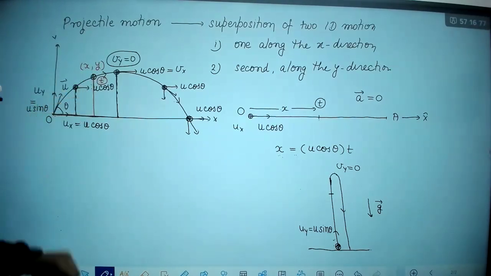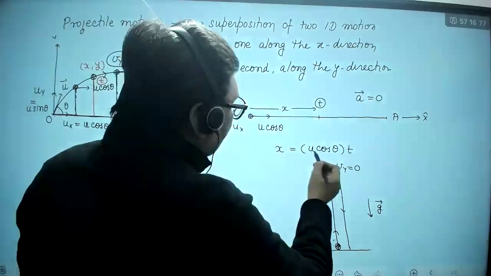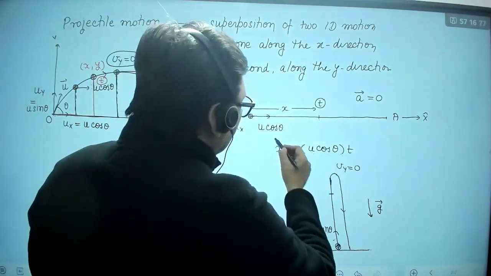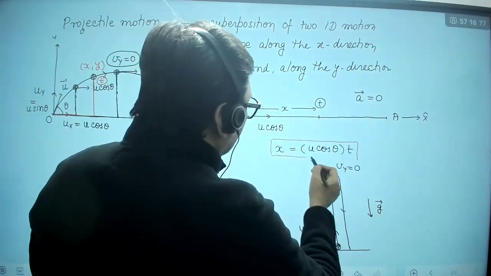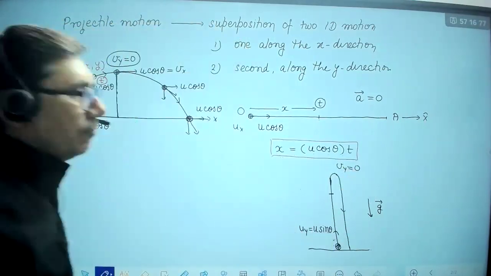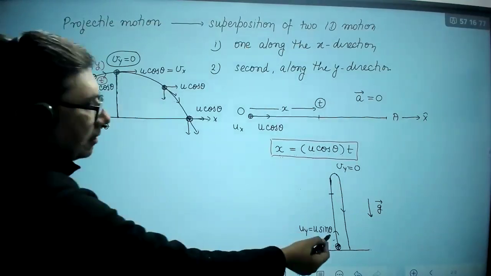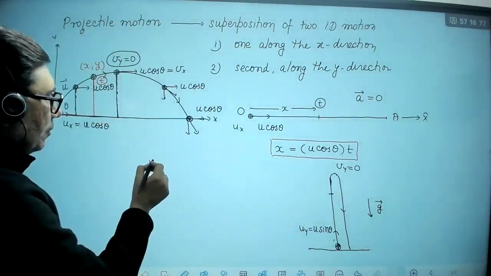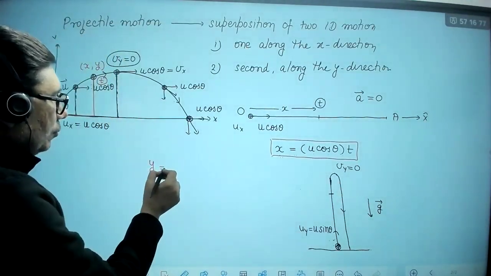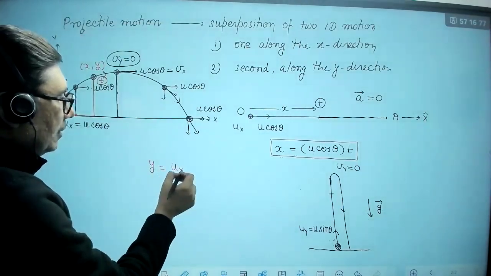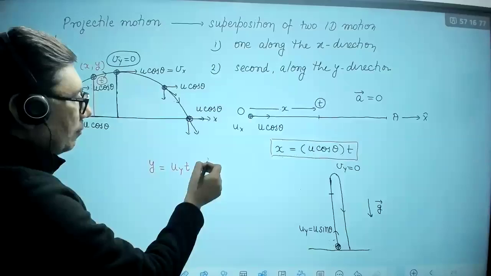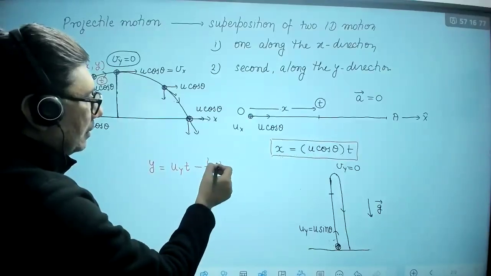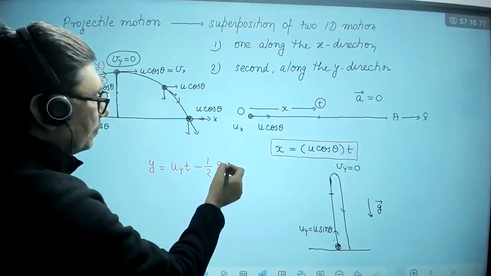At time t, the position of this projectile is x comma y. So what will be y? X will be u cos theta into t. This will be the x coordinate. What will be the y coordinate here? You can consider y equal to uy into t. It is moving in the upward direction, so minus 1 by 2 gt square.